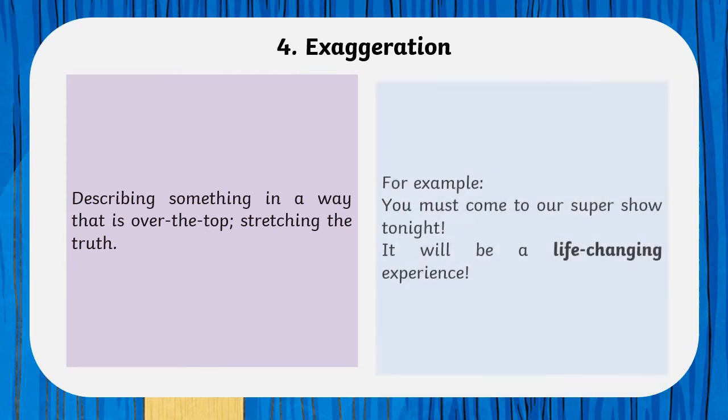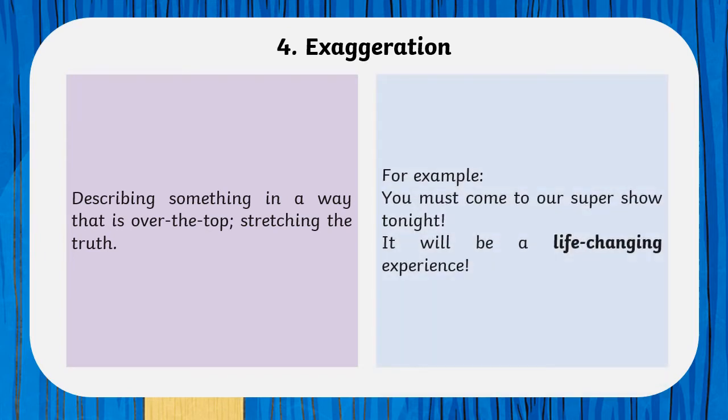For example, it will be a life-changing experience. It will change your life forever. So this is an example of exaggerating. Another example of exaggeration is the world is going to end. Okay, something like that as well.